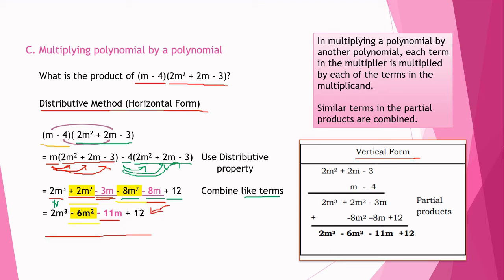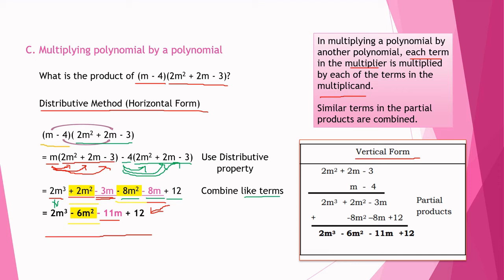Okay? In multiplying a polynomial by another polynomial, each term of the multiplier is multiplied by each term of the multiplicand. Then similar terms in the partial products are combined. So for example, 2m squared plus 2m minus 3 times m minus 4.